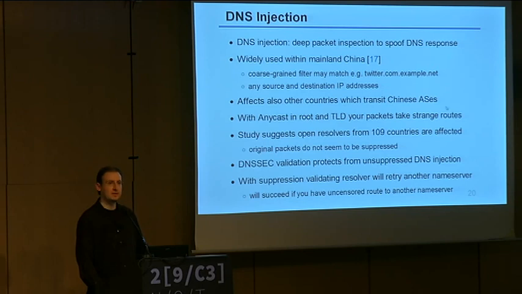So you might actually be routed through a Chinese AS. It's not very likely, but it can happen. And the study in this paper suggests that open resolvers from over 100 countries have been affected by this DNS injection, which only takes place in China, but affects other countries through anycast and through routing issues.